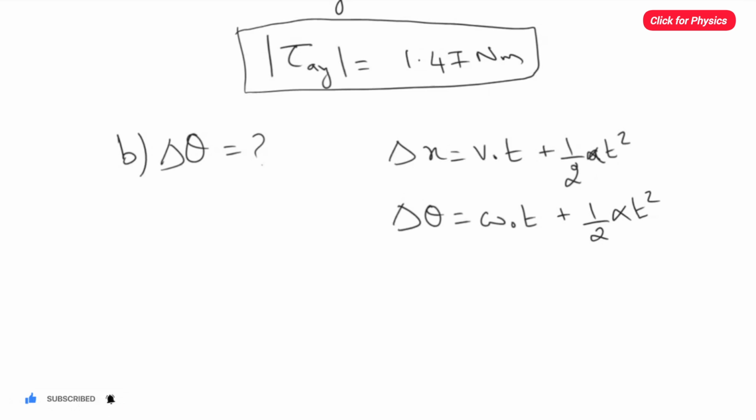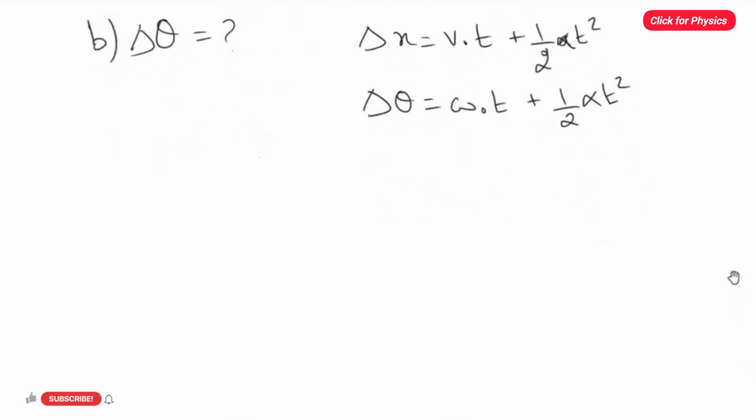So we use this equation and I am going to substitute. But the most important thing here is that there is no initial angular speed given, and the acceleration alpha is not given either. So in place of omega naught, we have to use the rule of angular momentum, L equal to I omega.